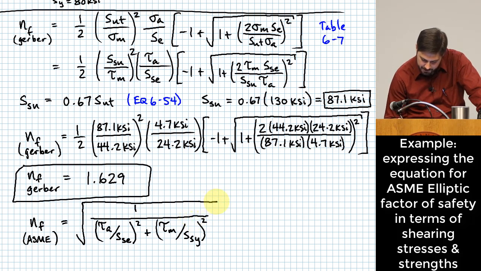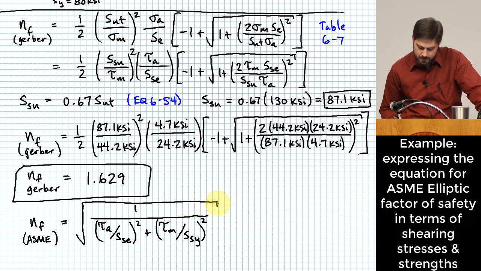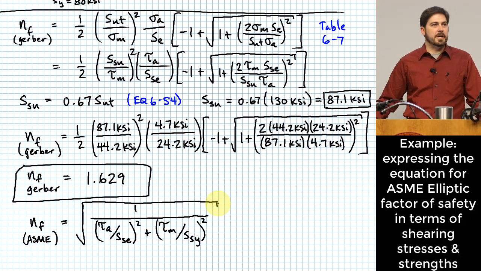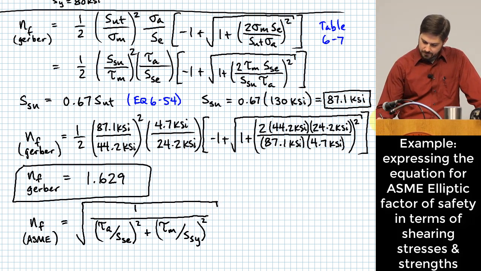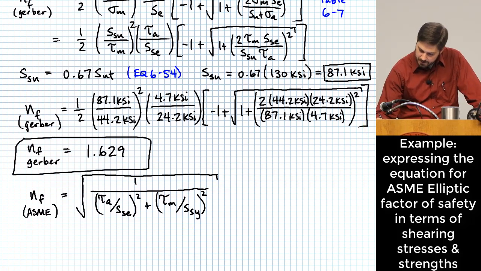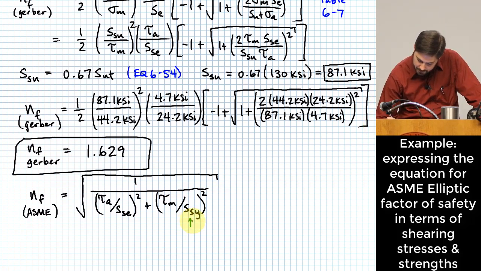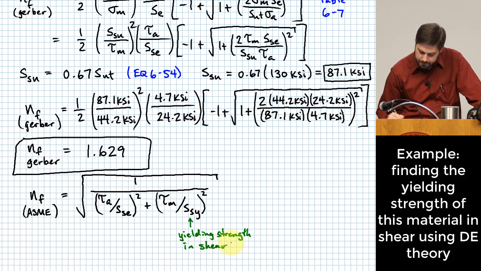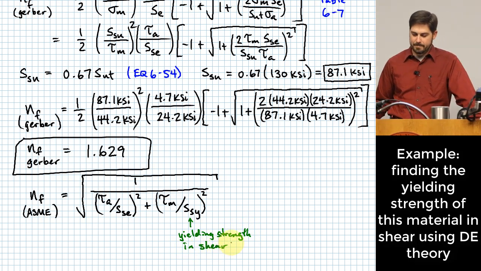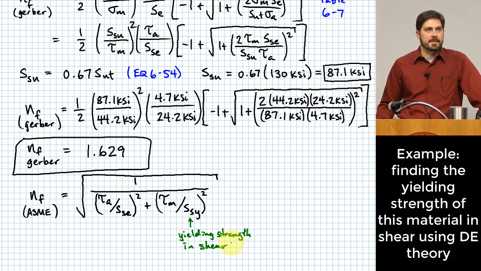Now that creates another question. What do I use for S sub SY? I'll label it on here. This is our yielding strength in shear. How do I evaluate that?